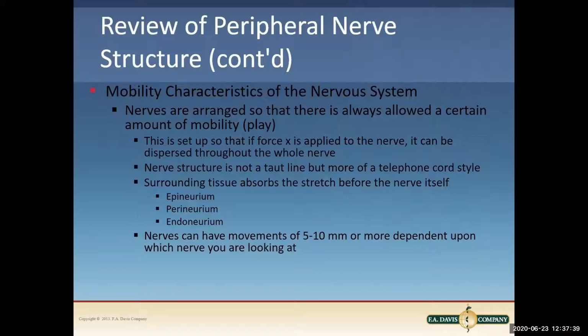But that's enough that as we're moving around, as I'm moving my arms here, if I had no nerve play, as soon as I reached out like this, I'd rip my brachial plexus off my spine. That can happen, and it happens a lot when kids are getting pulled out of the womb and get Erb's palsy or whole arm palsy, because they get a little bit of traction force, and that force is greater than that 5 to 10 millimeters, and it just rips the nerve fibers.